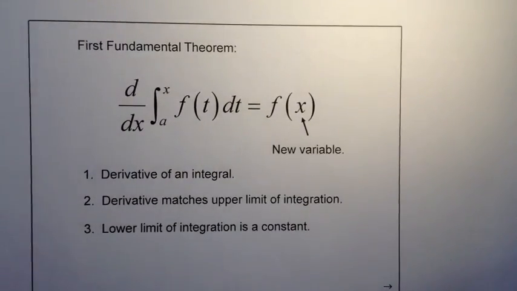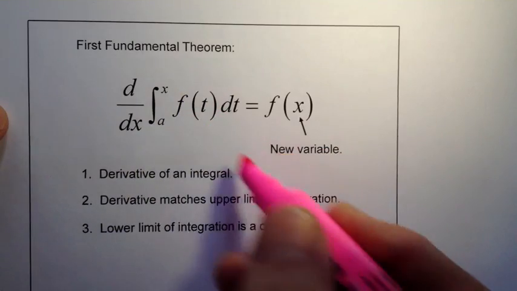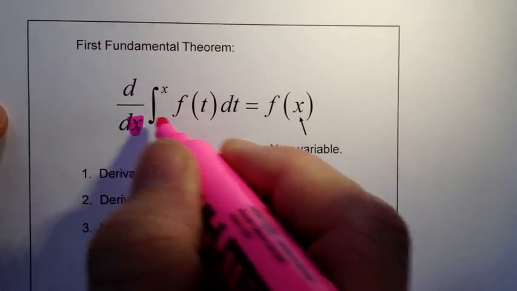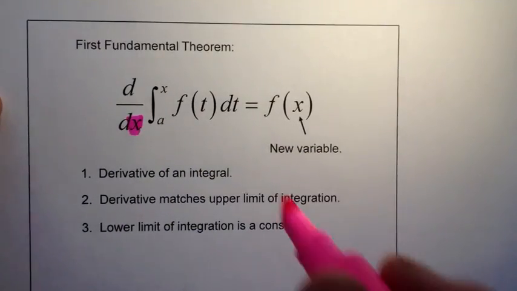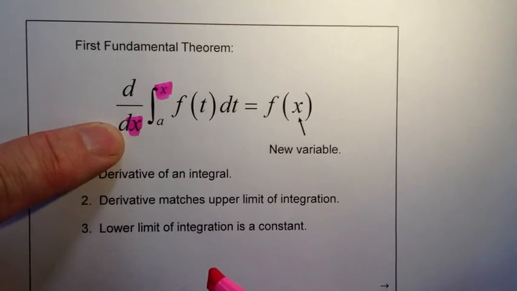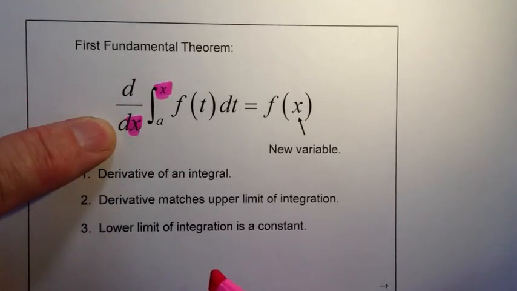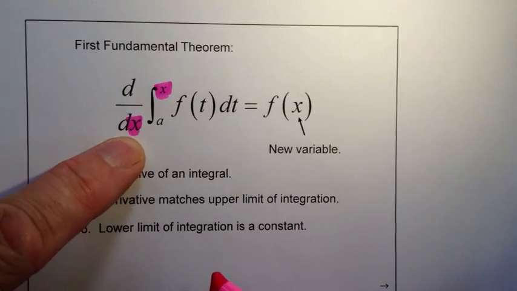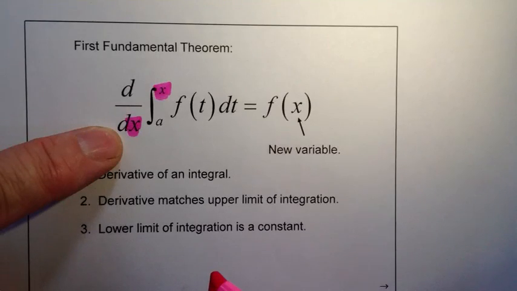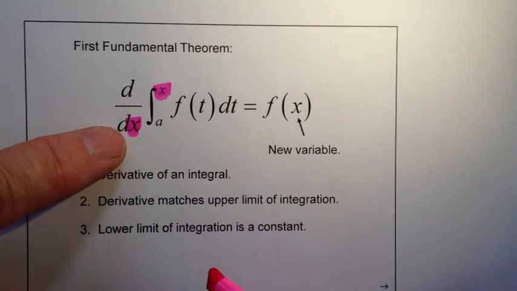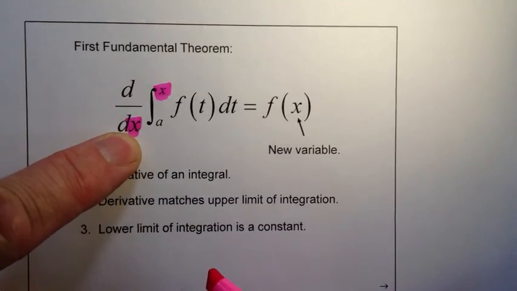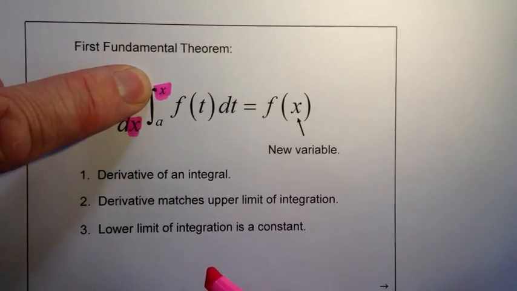Now, notice here that you're taking the derivative of an integral. The important thing to recognize is that the variable that you're taking the derivative with respect to, which is x, matches the upper limit of integration.